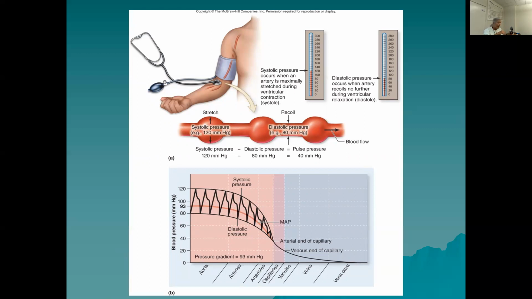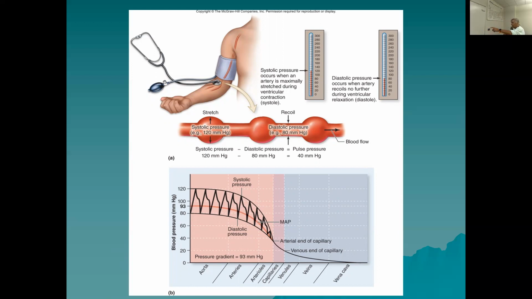Then you ease off the pressure and keep on hearing a sound. Ease off, and then finally you get to a point where the sound disappears. Now you're going back to laminar flow. So that is wide open now, and laminar flow doesn't cause any sound. So that's the diastolic pressure. Right?